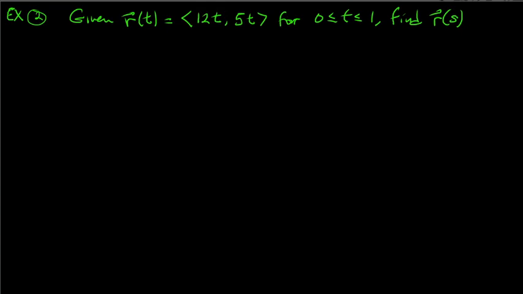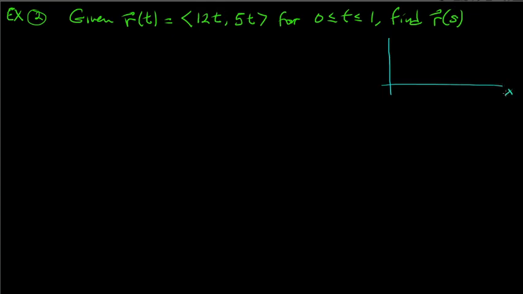So here's the example I have in mind. We're given this plane curve, r of t, so it only has two components, 12t and 5t, for t being between 0 and 1. We want to find r as a function of s, not as a function of t. In fact, I just called this a curve just a minute ago, but this isn't even a curve. It's just a straight line.